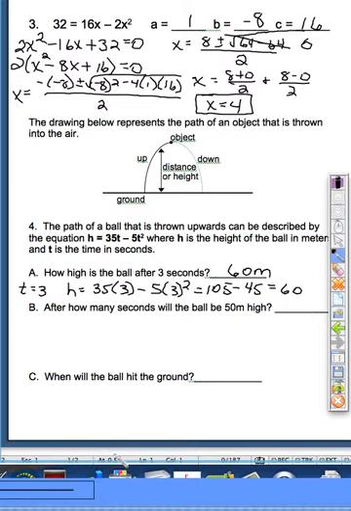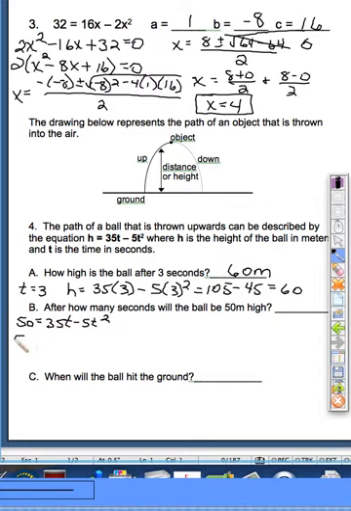After how many seconds will the ball be 50 meters high? So that means this is our h. H is 50. So we have 50 equals 35t minus 5t squared. Now, if you're using the quadratic formula, it doesn't matter if this is negative, but I still like you to get in the habit of making it positive.